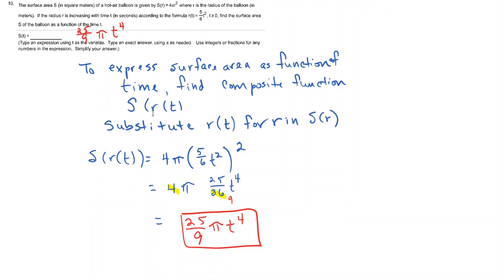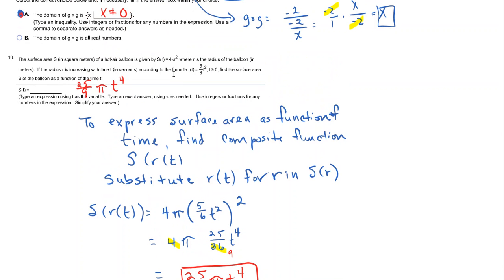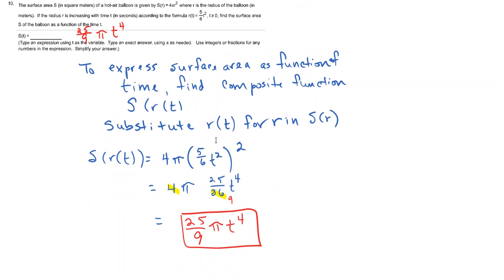So let's look at what we did. To express it as a function of time, find the composite function S of R of t. So we'll substitute R of t for R in S of R. Remember, our original S of R was up here. So instead of this R, we'll substitute 5 over 6 t squared. That's a composite.